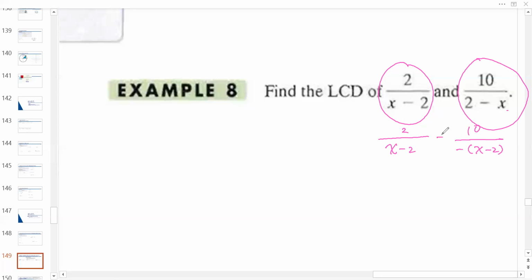So if you do the addition, how do we do that? We can move this negative over here, right? Or move it to here, right? So you can just do x minus 2, 2 minus 10, right? So here you can get negative 8 over x minus 2. So in this kind of case, it is easy for you guys to understand.